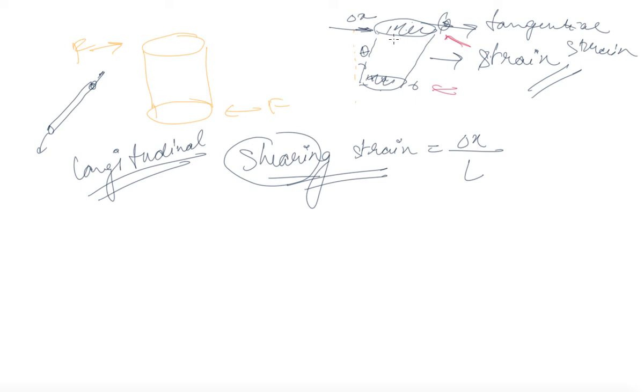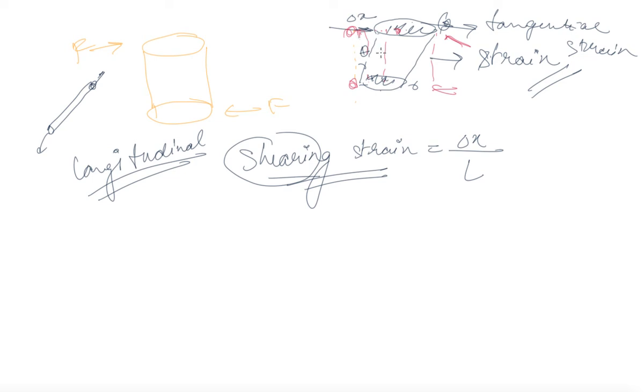So there's a relative displacement, as you can see. First it was over here, the initial position, and then after applying the force, the final. So the change in position will give you the relative displacement.